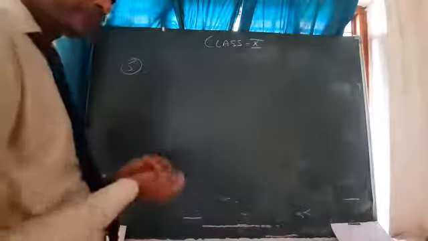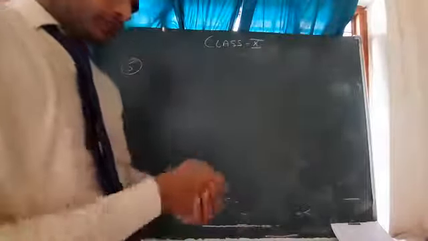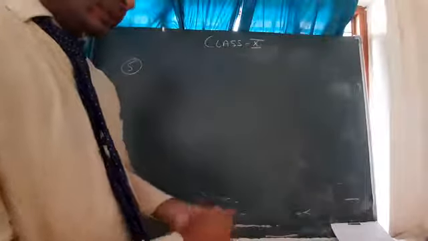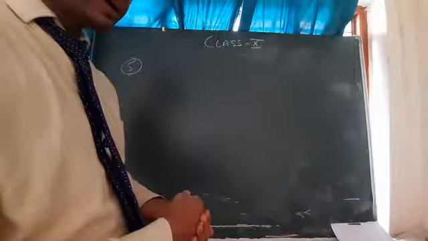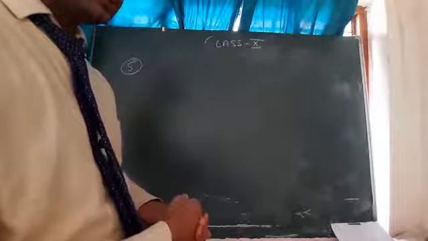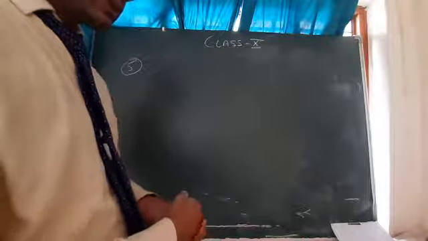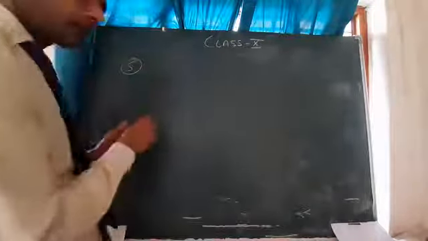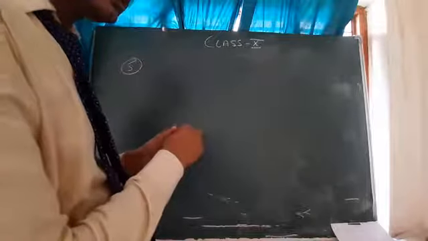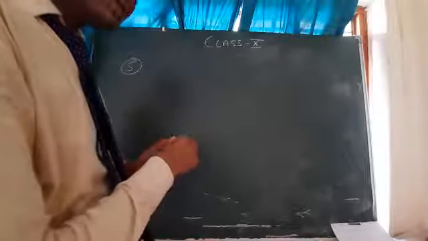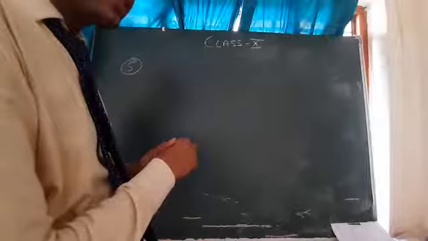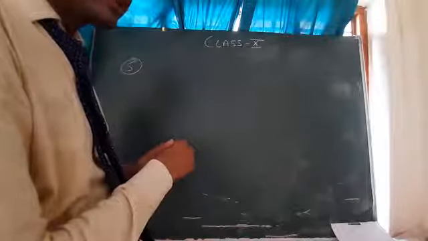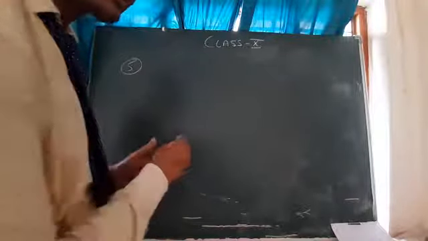Question number 5. I have solved the thin lens of focal length -25 centimeter, and the last numerical is that an object is placed at a distance of 50 centimeter from a convex lens of focal length 25 centimeter.